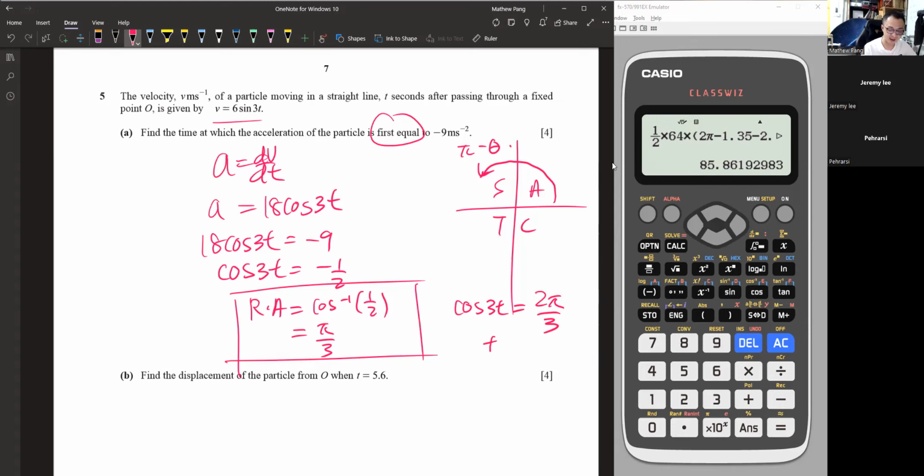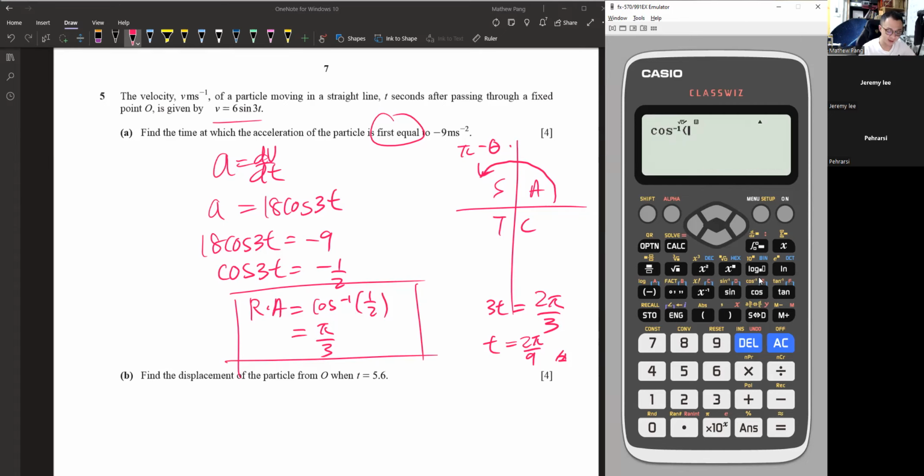Done. This one is actually differentiation plus trigonometry knowledge. If you do not know how to solve trigonometry here, you will make some mistake. But like I said, cos negative is the only one you can straight away type. The calculator will give you the second quadrant answer. If I type −1/2, you will straight away get 2pi/3.